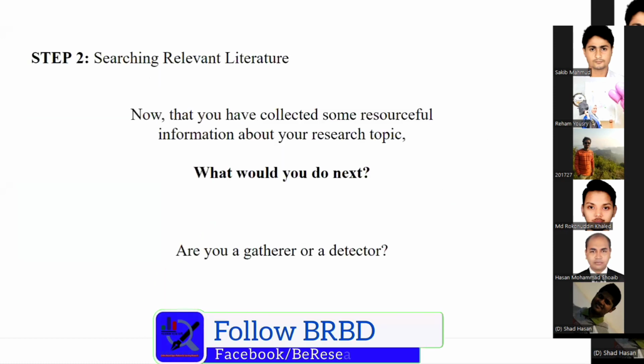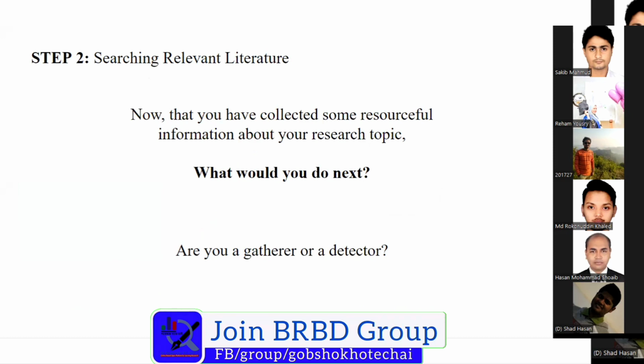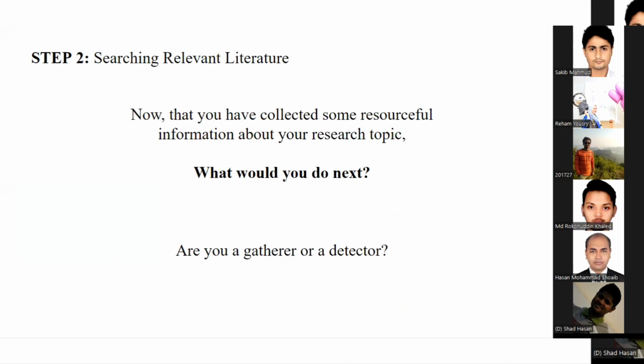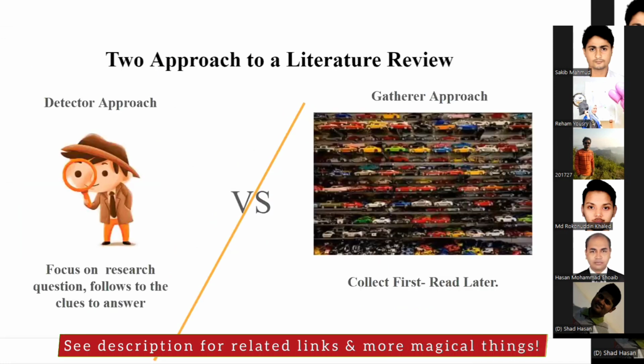So step 2, searching the relevant literature. You have collected resourceful papers and information about the research topic. What will you do? You will choose a gather or a detector approach. So what is a detector approach and a gather approach?